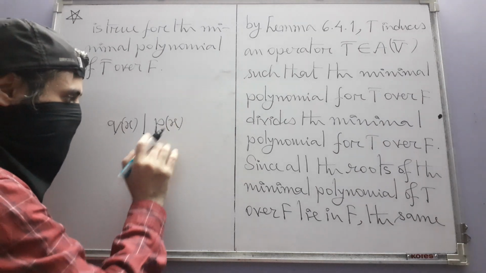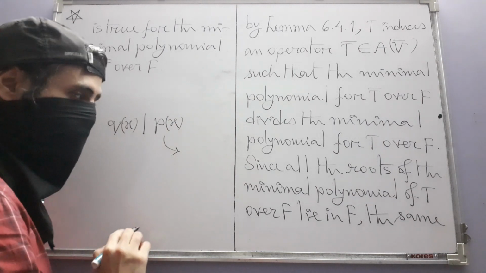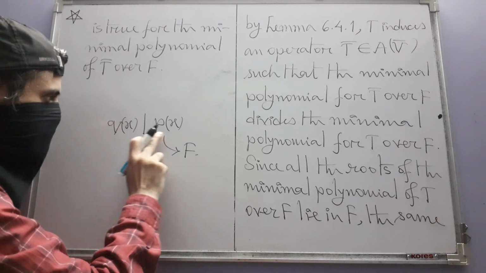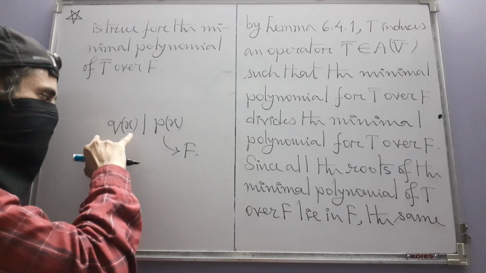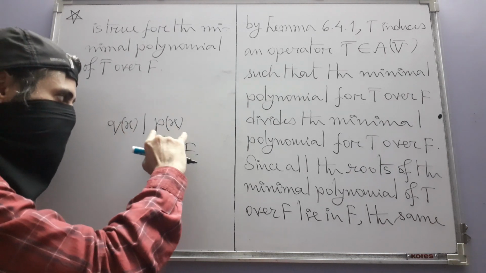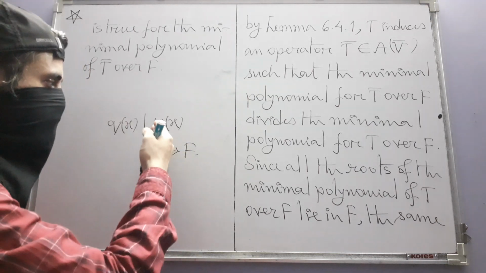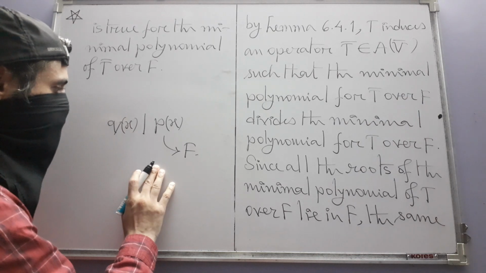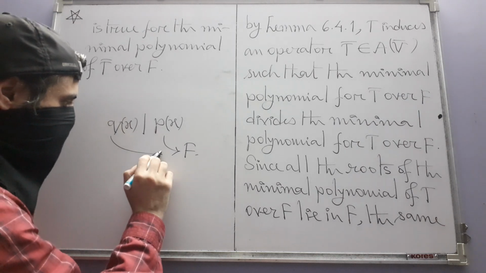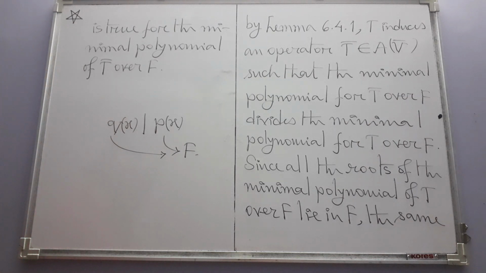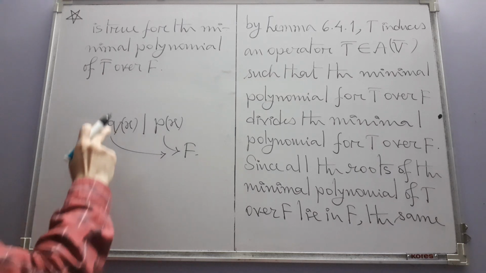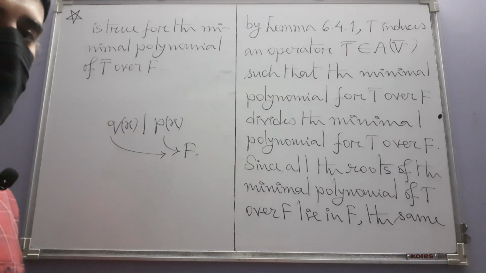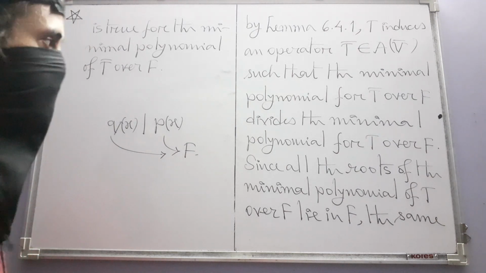Now it is given that all the roots of Px lie in F. Because of this divisibility relation, all the roots of Qx are also roots of Px, plus maybe Px has extra roots. But then automatically all the roots of Qx also lie in F. In other words, the characteristic roots of T bar all lie in F according to that language.